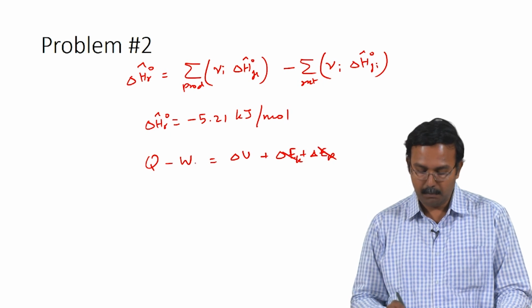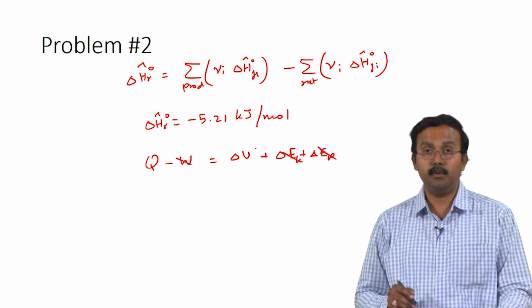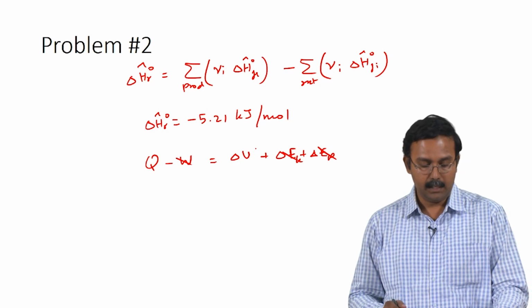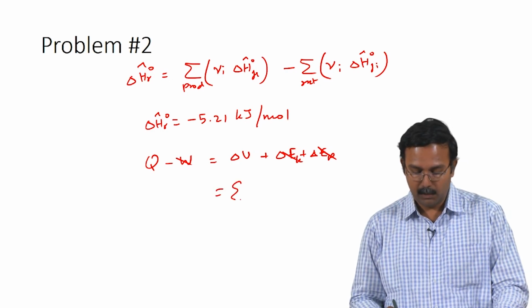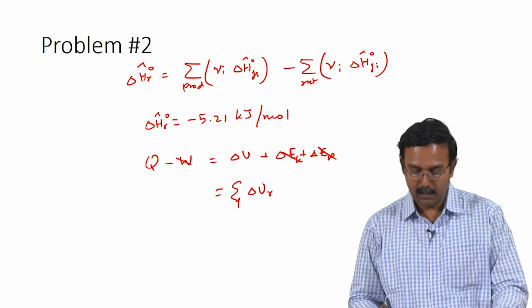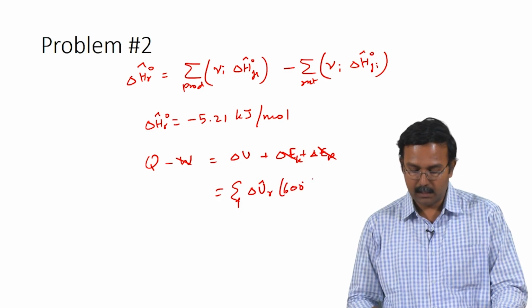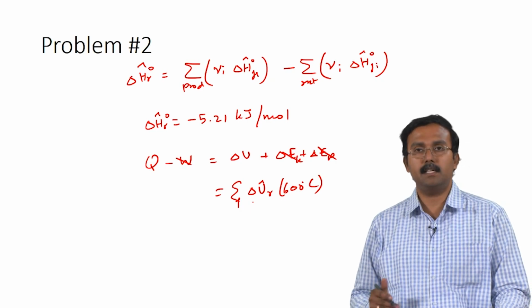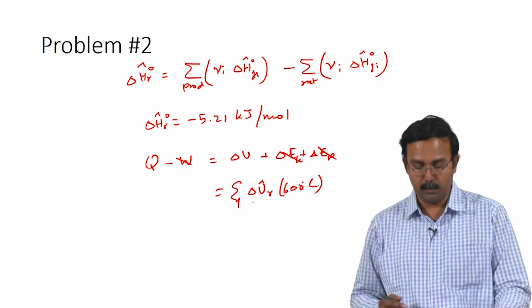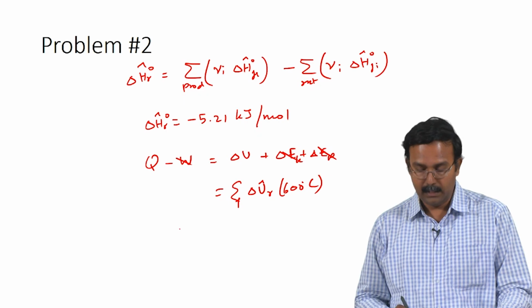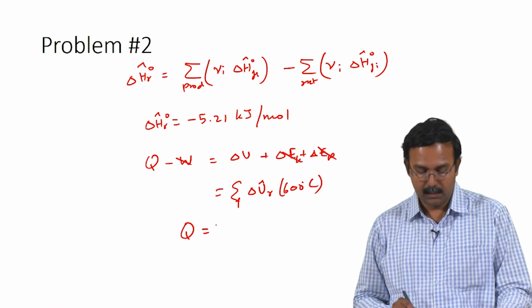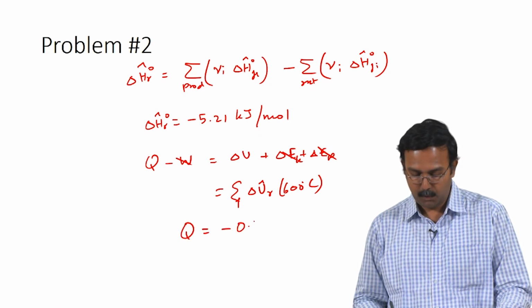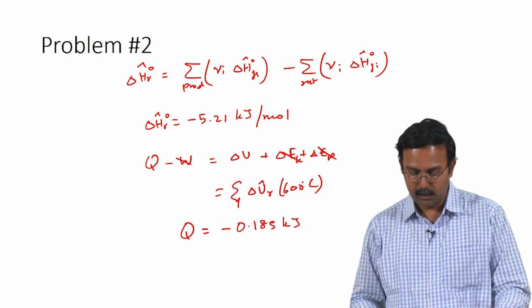As usual, Ek, Ep and W go to 0, and you are left with only delta U, which would be xi times delta UR at 600 degrees Celsius. You have the internal energy of reaction at 600 degrees Celsius, which can be used directly. Doing that, you would get Q equals minus 0.185 kilojoules.